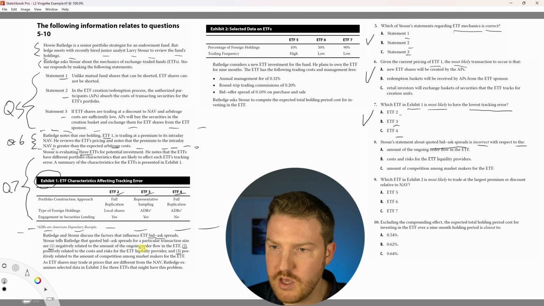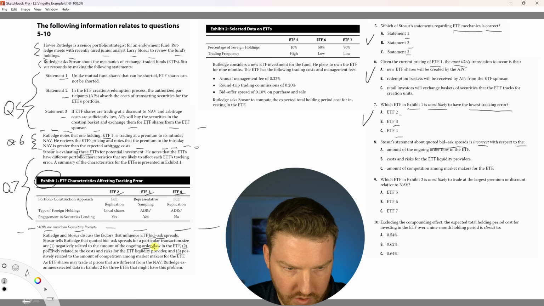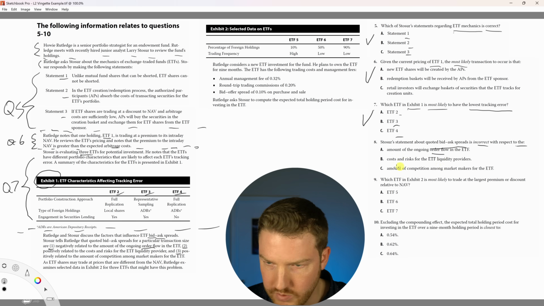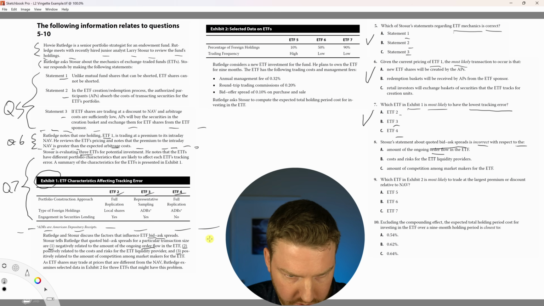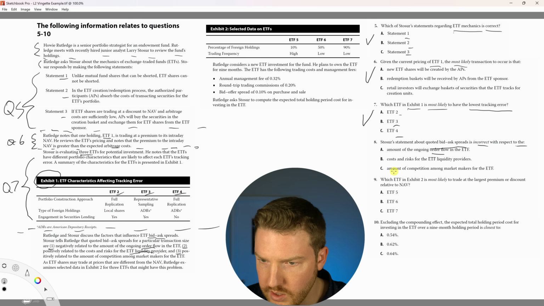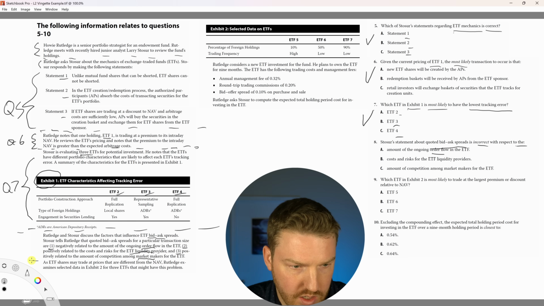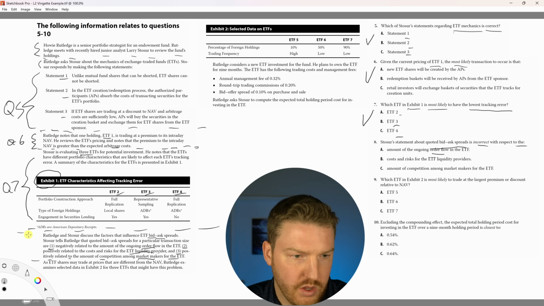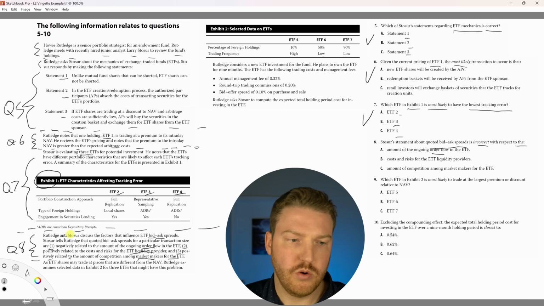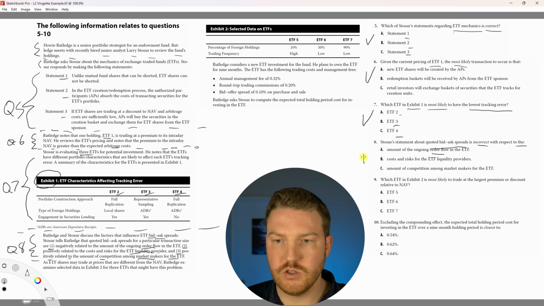So this is the order flow. I see order flow. That's the first one. Then the next one, costs and risk for liquidity. I see the second one here has something about liquidity. And then the third one here, let's see, amount of competition among market makers. I see something after the third one about market makers. So all I need to do to solve this question 8 right here is just use the information within this paragraph. That's it. So I'll only consider that, and then I'll work on solving this.